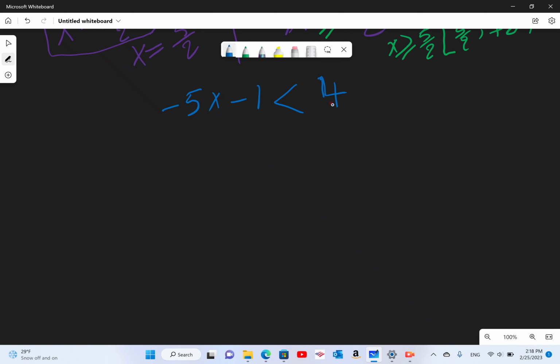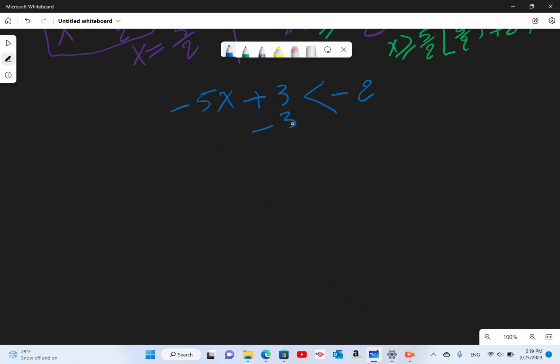Because this example is very close to the other example that we did, let's change it. So let's say minus 5x plus 3 less than minus 2. So the first step is, again, to get rid of this 3, we subtract 3.